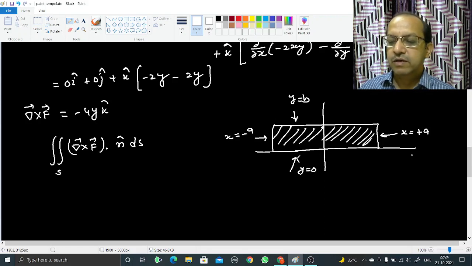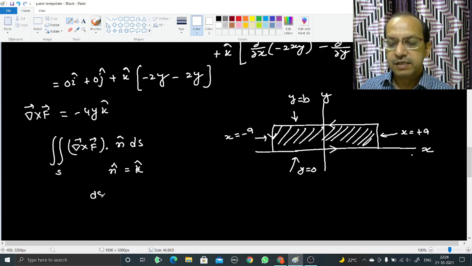So we have traced this surface anticlockwise. That means its normal, or you can say outward normal or positive normal, will be along the z-axis if these axes are the xy axes. So in this way we can say n cap will be equal to k cap, that is the unit vector along the z-axis. So n cap is actually k cap.